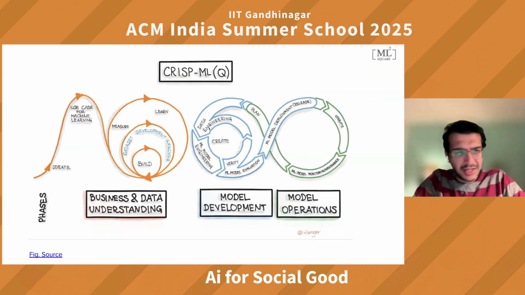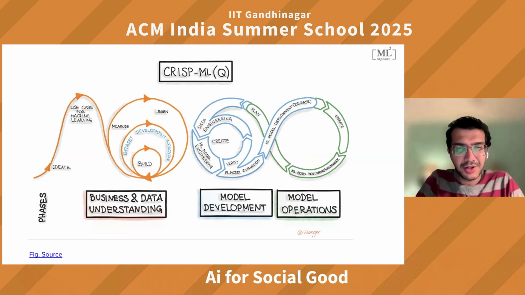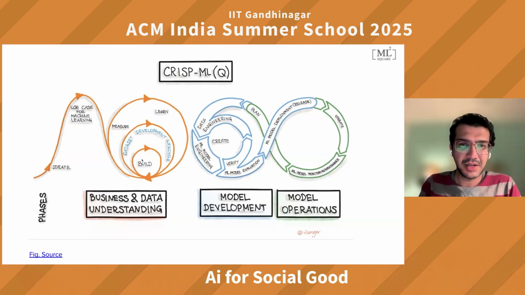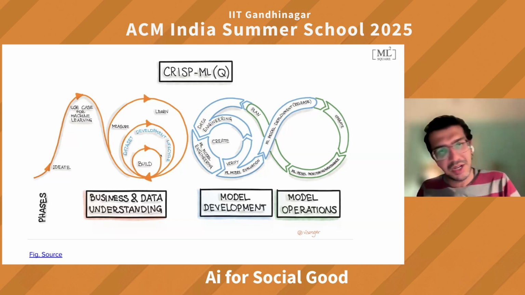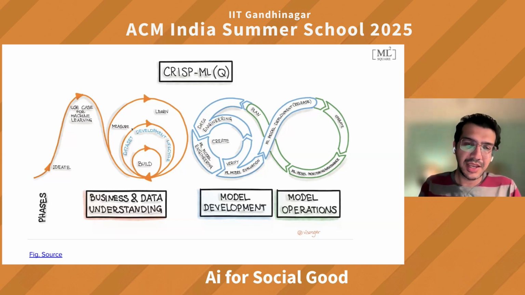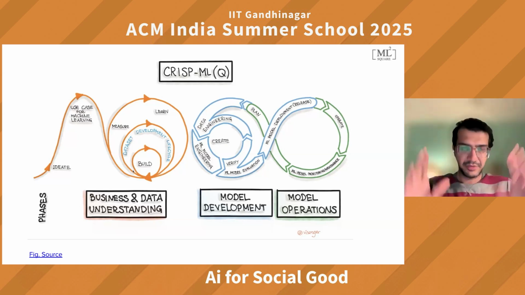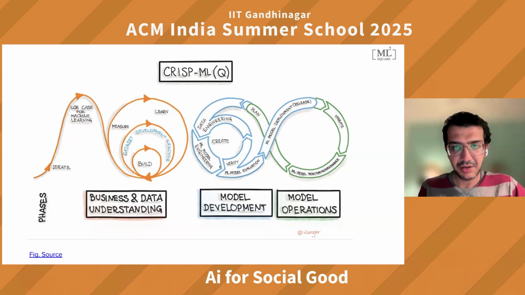Saying this just another way, I love this picture, so I thought I'd put it here again. You have these loops, right? You think of a use case, then you build something, then you measure it, then you learn about it, then you build again, and then you can get out of this loop when you feel the success criteria is high enough. Then you go into deployment.